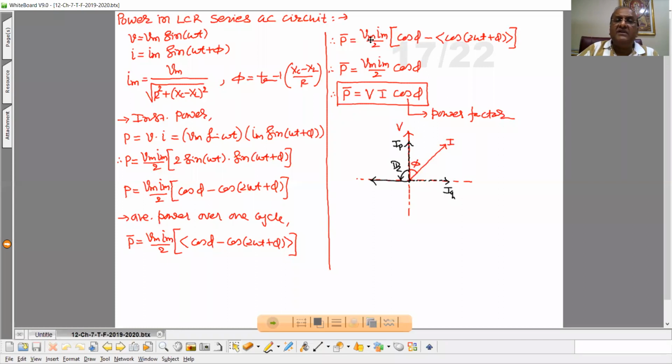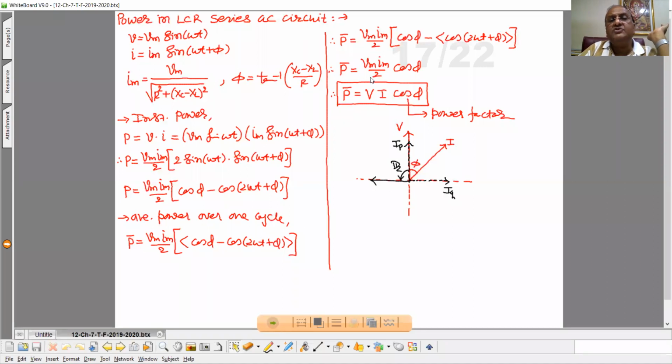So average power is Vm Im by 2 into cos phi minus average of cos (2 omega t plus phi). But average of cos (2 omega t plus phi) over one period is 0. So we can write average power is Vm Im by 2 cos phi.